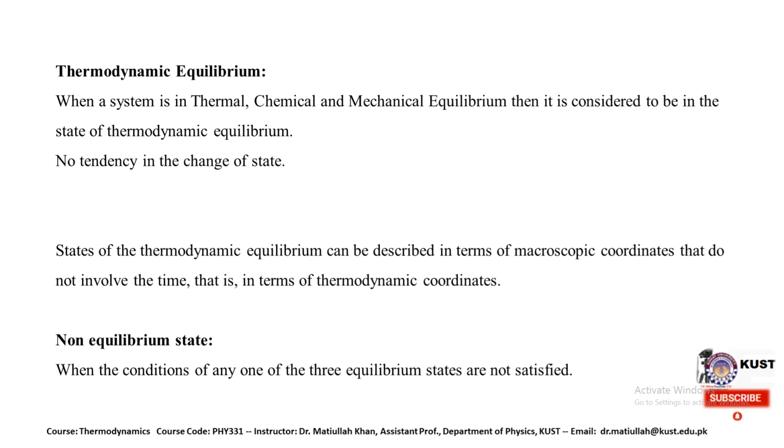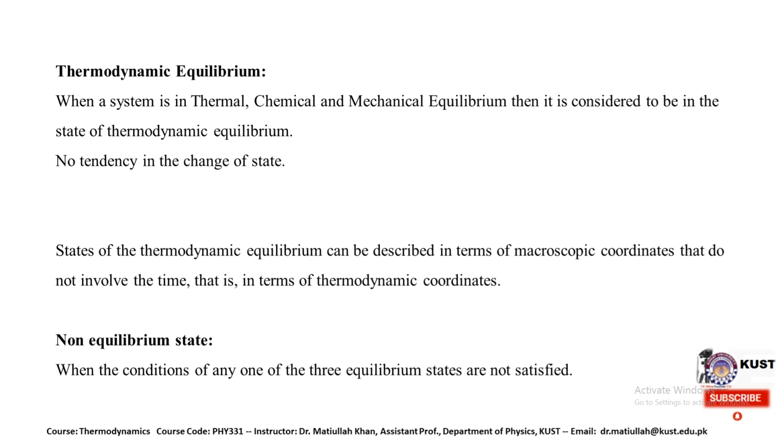But if we consider a system to be in non-equilibrium states, then we cannot exactly measure the thermodynamic or macroscopic properties of the system, because it is changing with time. If we measure its property, maybe after some time it will achieve a new value.